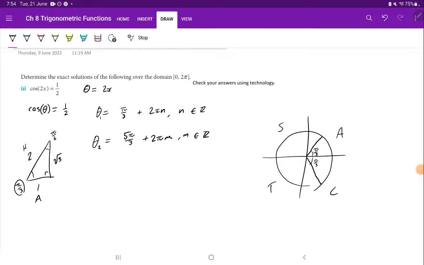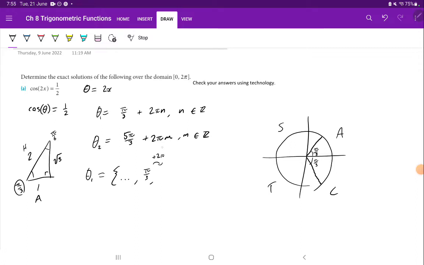Okay, so rather than just talking about it, let's actually write down some of the infinite solutions, okay? It's going to be important because, remember, we're not actually solving for theta, we're actually solving for 2x. And so we're going to need to make this substitution at some point. So let's say theta 1 is equal to a set of numbers, pi on 3, and then plus 2 pi.